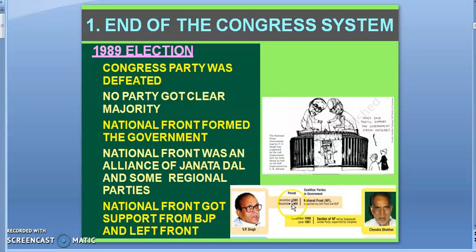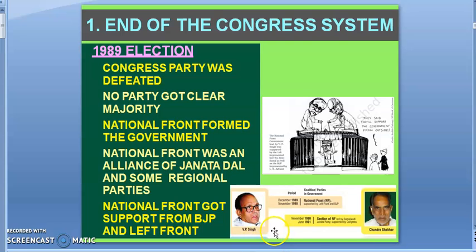From December 1989 to November 1990, Vishwanath Pratap Singh was the prime minister, and his government was supported by left parties and BJP. Again there was a split in the National Front, and in November 1990, Chandrasekhar became the Prime Minister, and from November 1990 to June 1991 he was the Prime Minister of India.